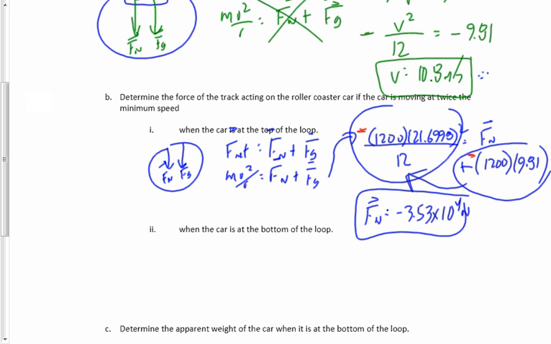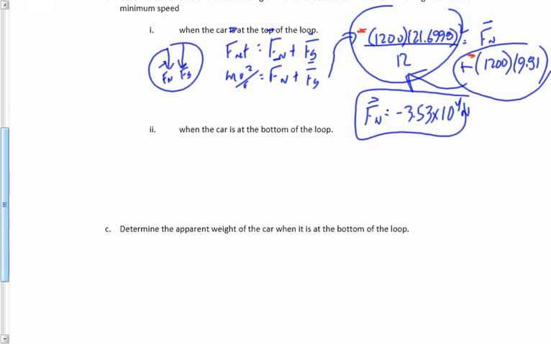What about when the car's at the bottom? The bottom of the loop here. What would you expect to get here for Fn? Negative or positive? Positive. Right? We draw it, it's acting up. We're going to start off the same way other than the diagram.